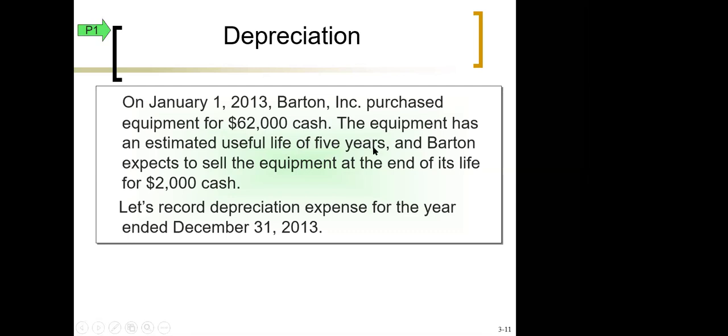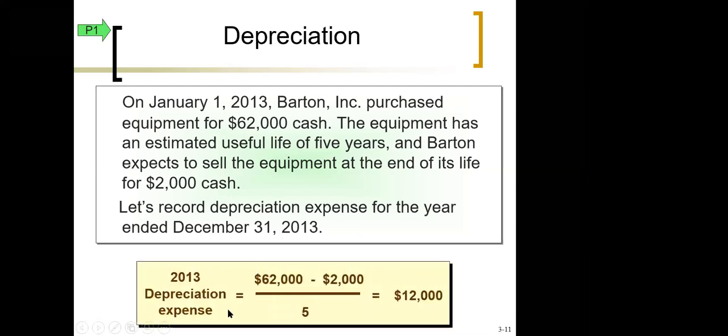So 60 divided by 5. And that's going to be your depreciation expense. Okay, so the answer is 12,000. 62 minus 2 is 60 divided by 5, it's 12,000. This is your annual depreciation. If I ask you for your monthly depreciation, again, you're going to divide by 12 and say every month $1,000 on this equipment.